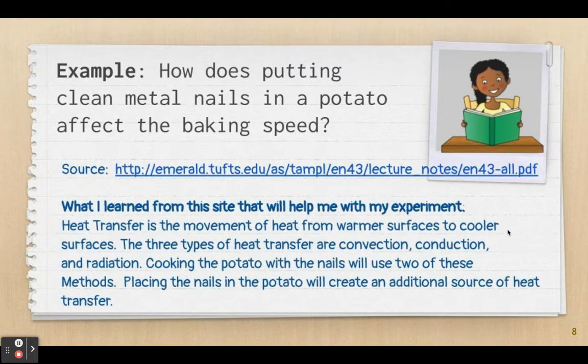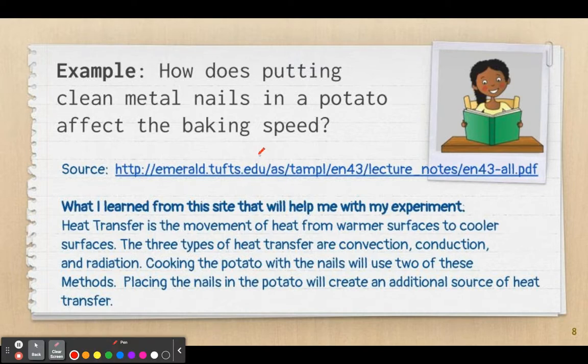Here is another example. How does putting clean metal nails in a potato affect the baking speed? Again, I know this is a credible source because it ends in .edu, and I'm going to think about what I learned from this site that helped me with my own experiment. So, from this source, I learned that heat transfer is the movement of heat from warmer surfaces to cooler surfaces.